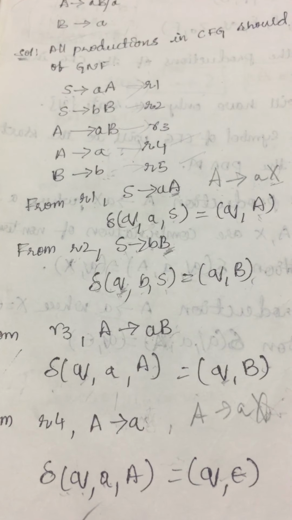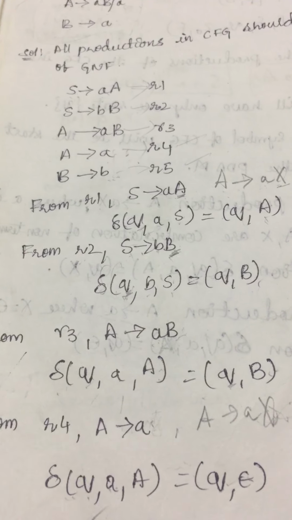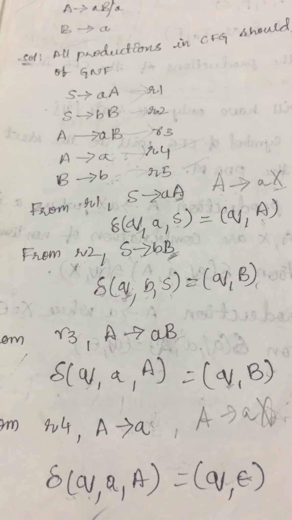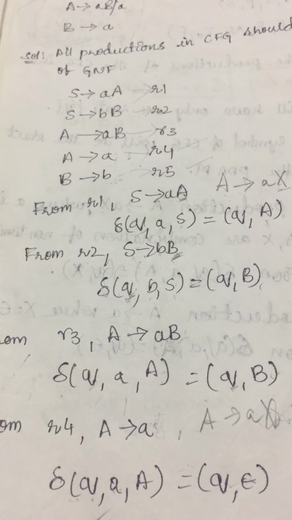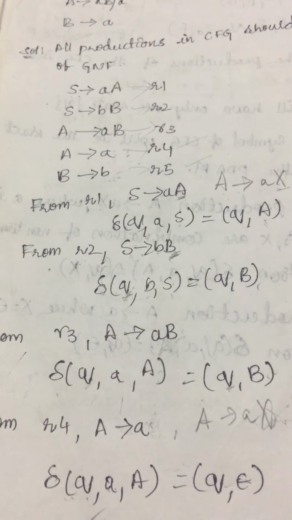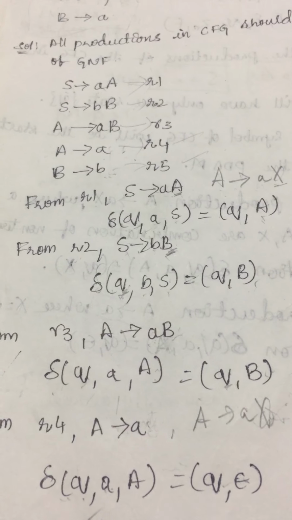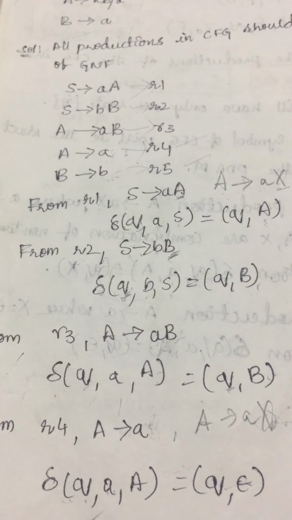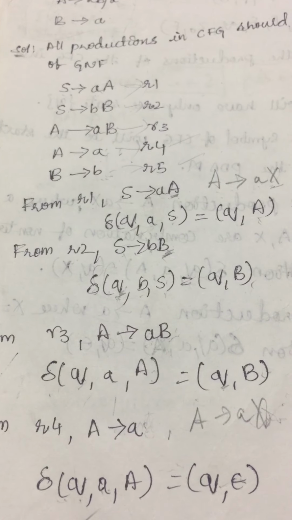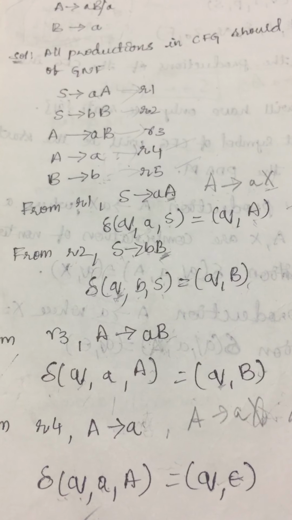So first check whether the given productions of the grammar are in the form of GNF or not. If not, convert it, and then depending upon the format of the production, write the transition rules. Here we are going to have only two formats of productions in GNF. A non-terminal symbol producing a terminal symbol followed by a non-terminal, that is one format, and the other one is a non-terminal symbol producing only a terminal symbol on the RHS of the production.